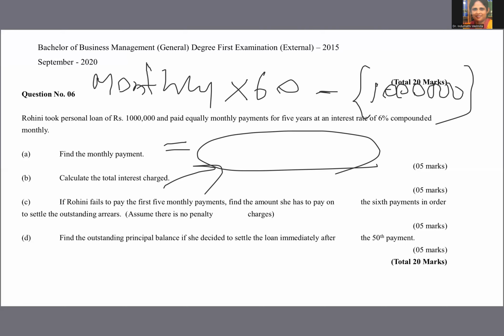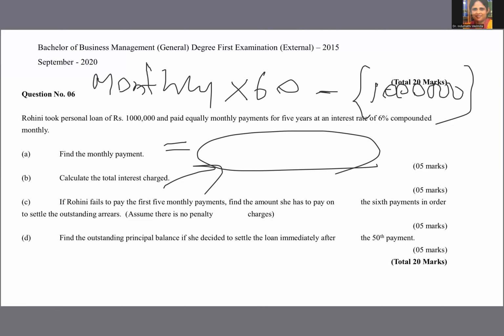But remember, this time I am not going to ask about annuity, but you need to learn very correctly compound interest, present value and future value.